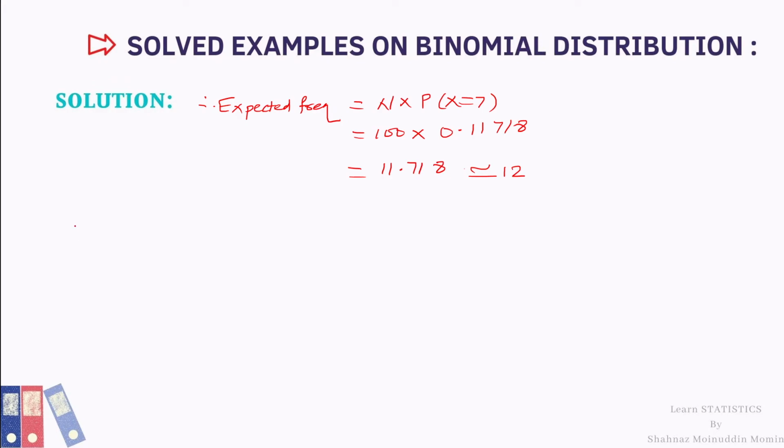Now we will calculate the next probability, and that is the probability of getting at least 7 heads, meaning probability of getting X greater than or equal to 7, which is equal to probability X equal to 7 or 8 or 9 or 10.